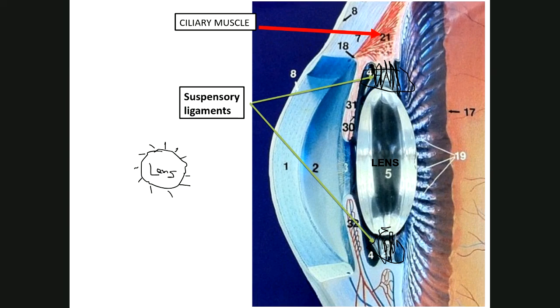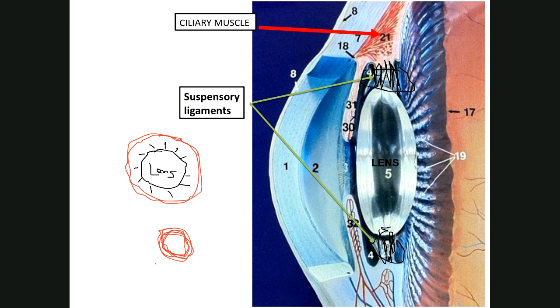So the muscle surrounds the lens. It's a circular muscle. So it looks something like this. Think about if it's a circular muscle. When a muscle contracts, what happens is the inside diameter gets smaller.